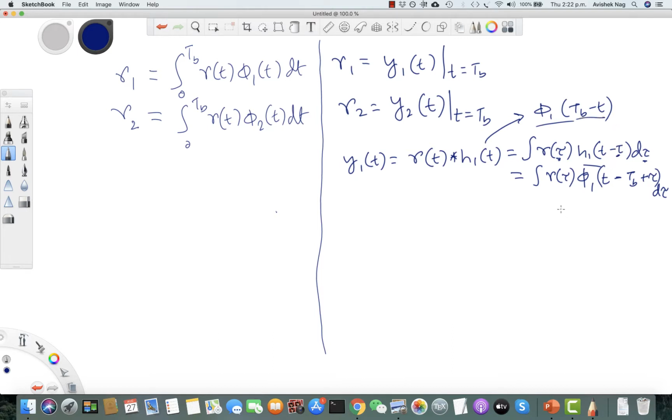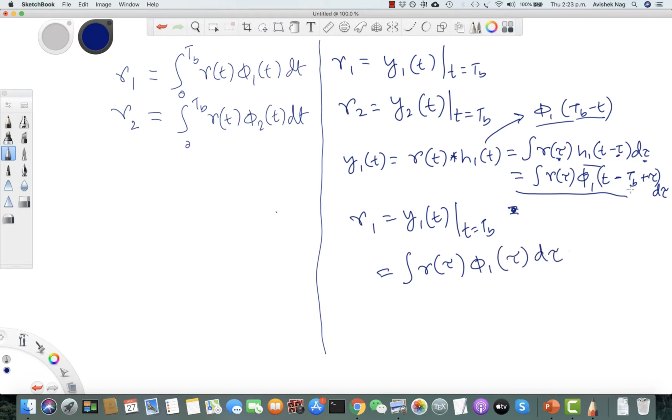Now imagine that R1, let's say, is basically y1(t) at t equal to tb, right? And y1(t) is this. So if I put t equal to tb in this expression, then this tb will cancel and I'll be left with only tau.